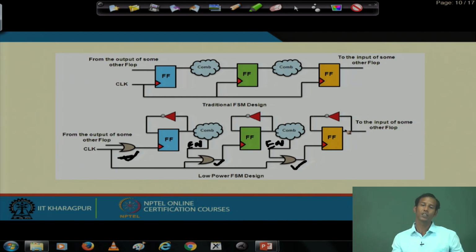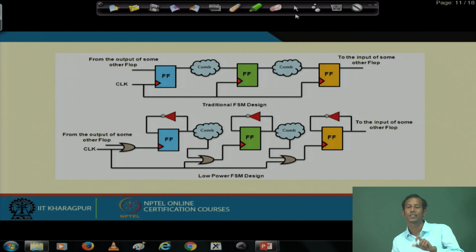Okay. So, the architecture has been modified in this particular case with respect to power consumption aspects. In the previous example the circuit was implemented with respect to the speed constraint. In this particular case this architecture has been developed with power as the major constraint. Okay.